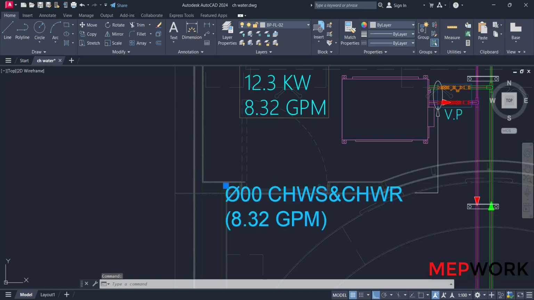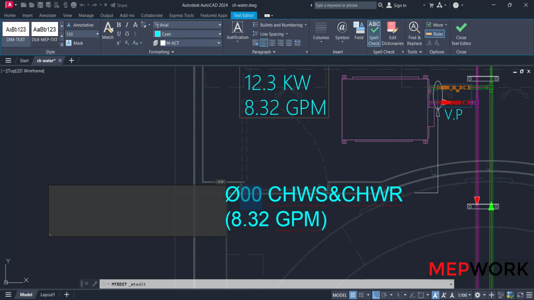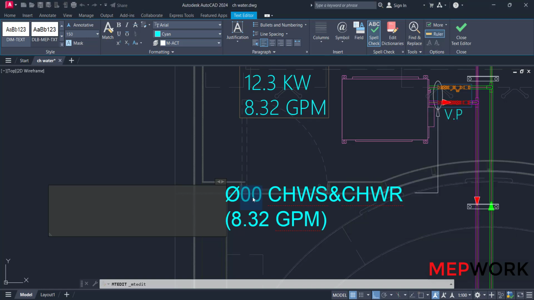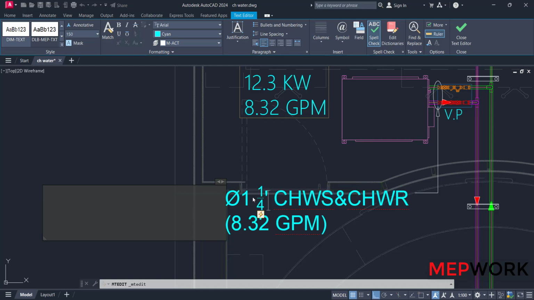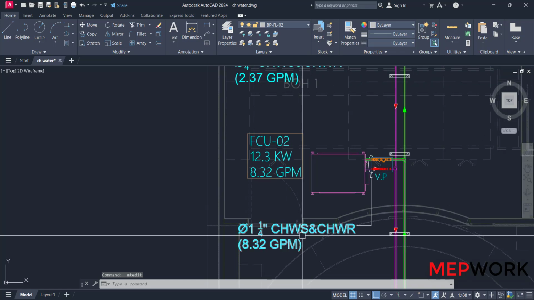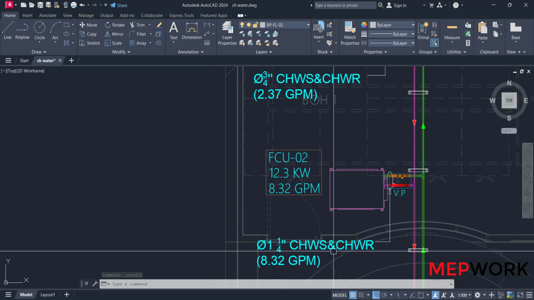Put the size 1¼ inches on the chilled water supply and chilled water return.